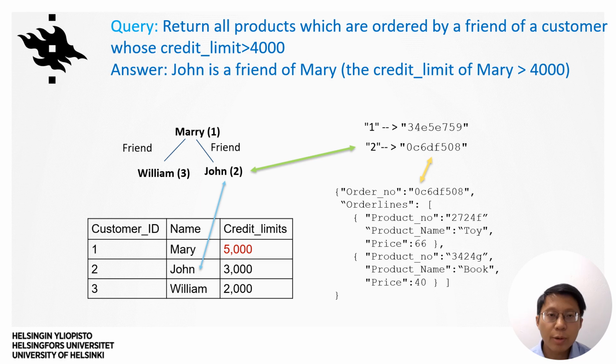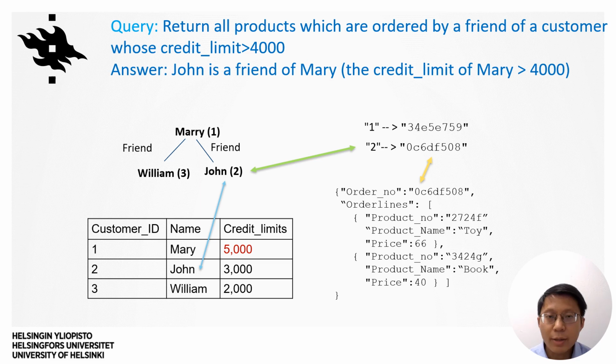Based on this query, we can see that John is a friend of Mary, and the credit limit of Mary is 5,000, which is greater than 4,000. Then we need to return all the products which are ordered by John.